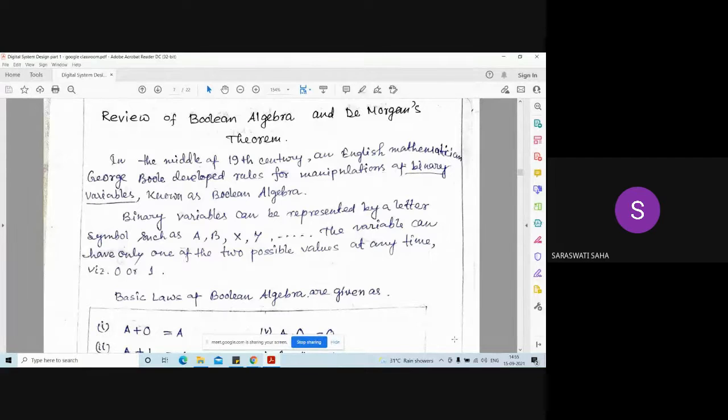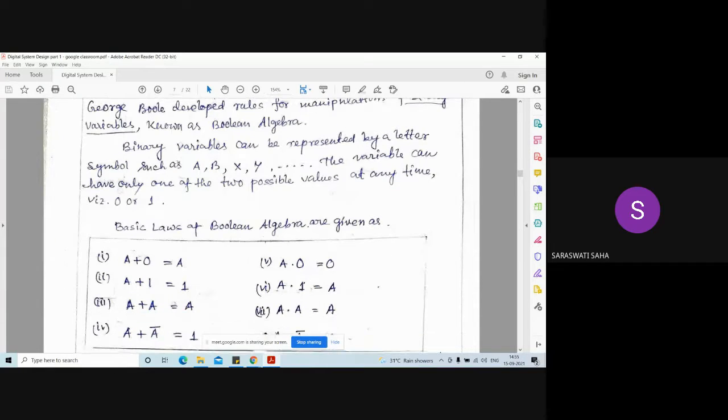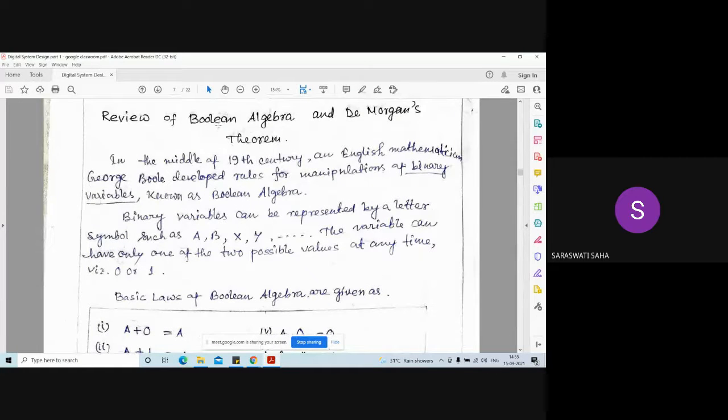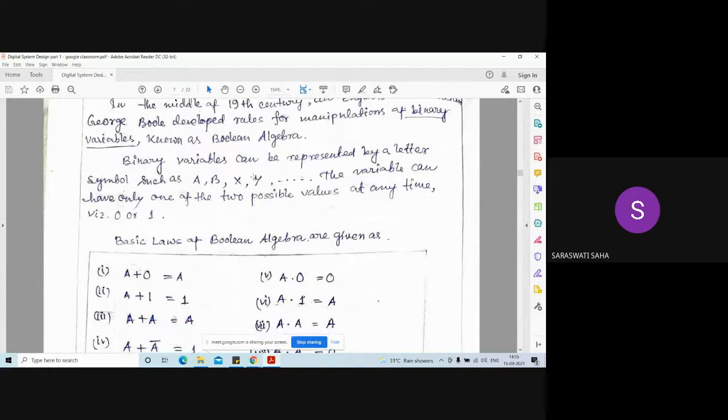But why is it called Boolean? Because George Boole developed these rules. That's why it is known as Boolean algebra. And using this algebra, we can solve various Boolean functions.